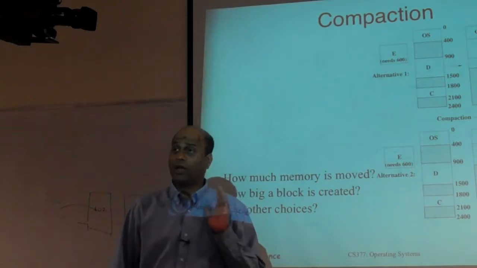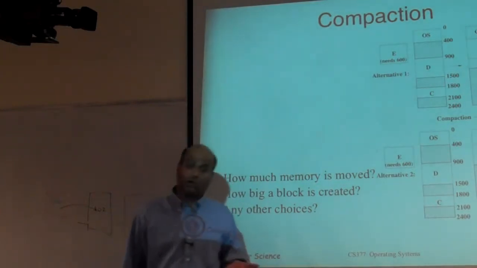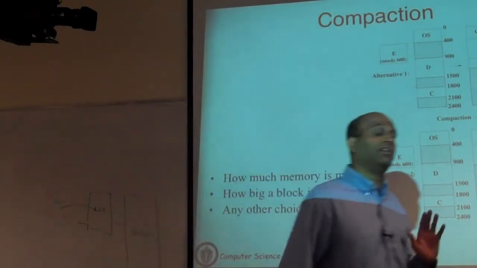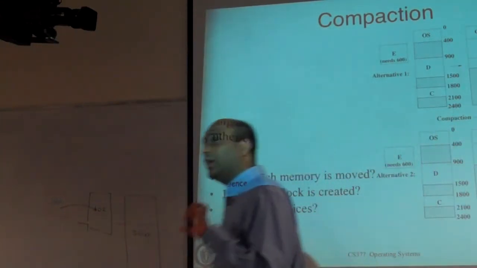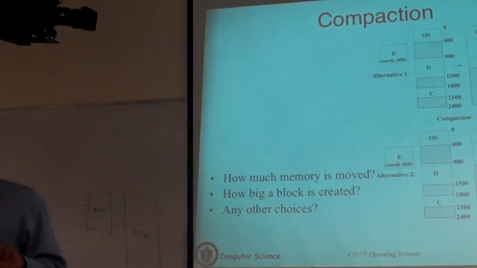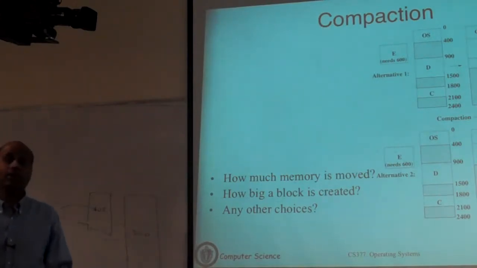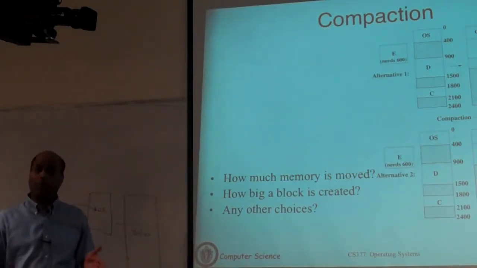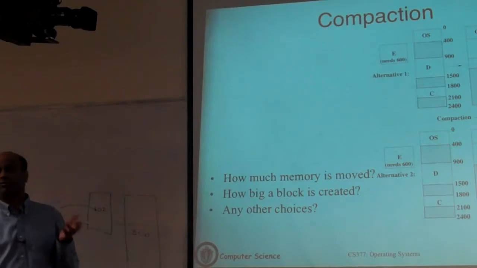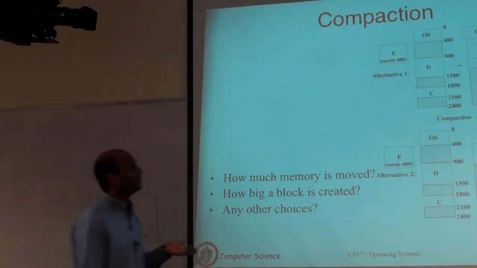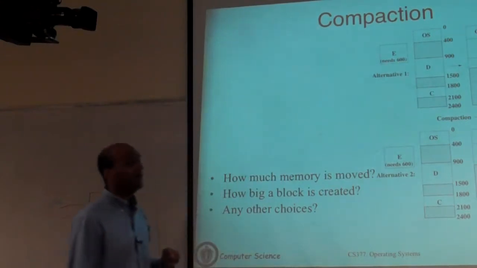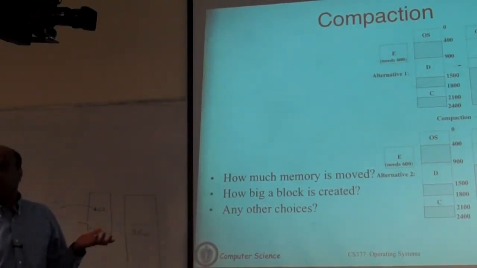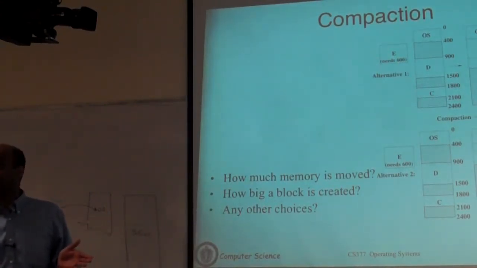So that brings us to the last point, which is called compaction. Because you might have external fragmentation, because you may be moving processes, you want to reclaim all of this space that is scattered around memory and compact memory, so you can use it in some better way. So this is showing a technique called compaction, and that involves moving processes.